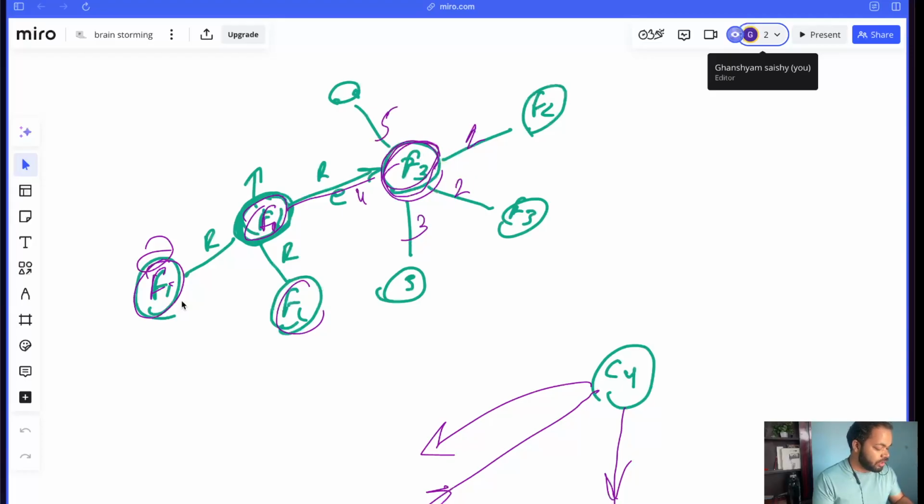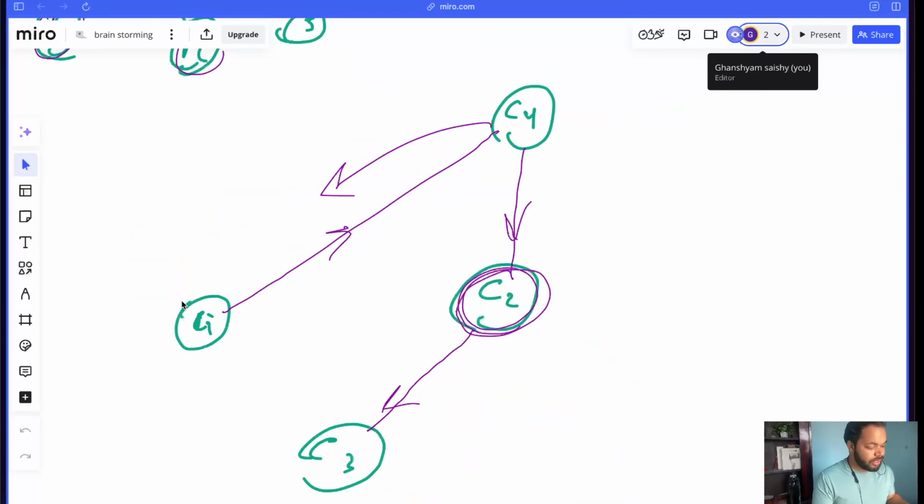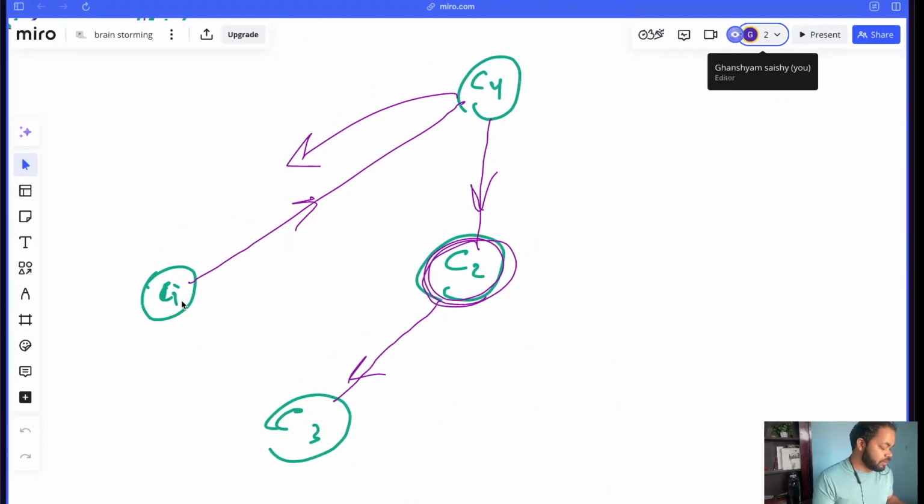So the degree of F3 equals 5, but that is for the undirected graph. But if you have a directed graph, then degree is of two types: incoming degree and outgoing degree. C2 has one incoming degree because one edge is coming from C4, and one outgoing degree.